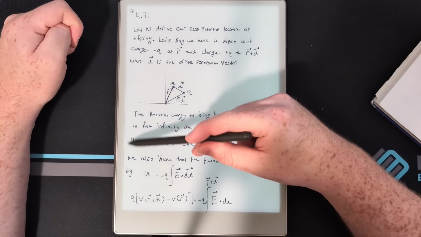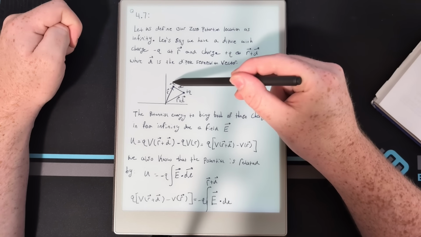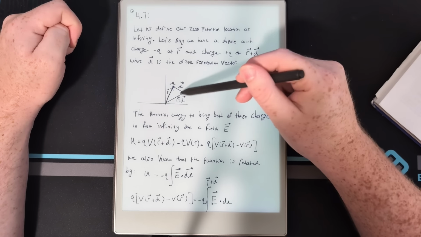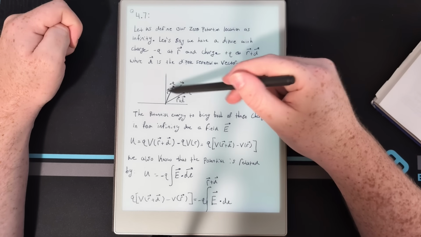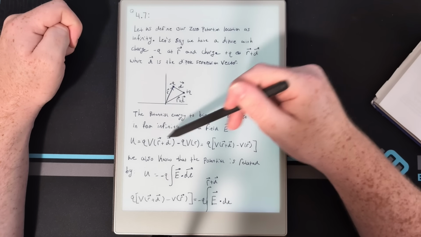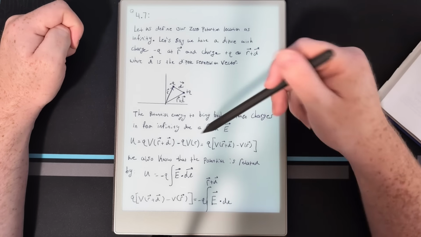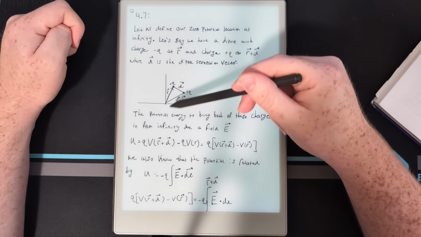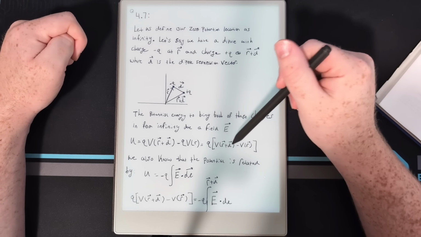So we can write U as Q times the electric potential V at R plus D, minus Q times V of R. We're just summing up the two electric potentials multiplied by their respective charges, and that's why we get this minus sign, because this is a minus Q. Or factored out, we can just factor out a Q and have V at R plus D minus V at R.